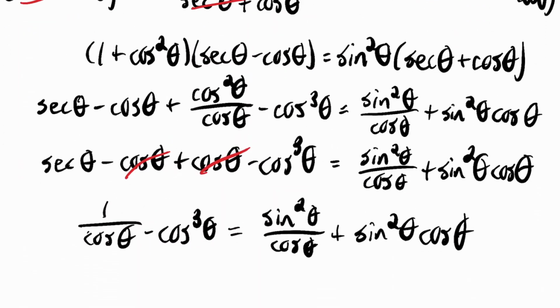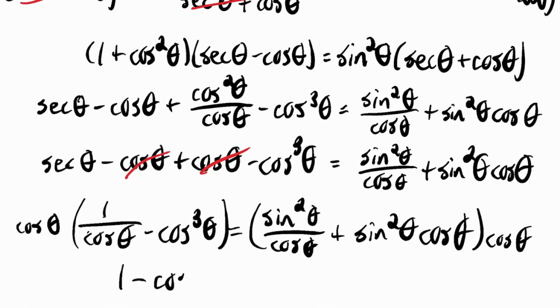I think what I need to do is multiply both sides by cosine theta, just to get rid of the fractions. On the left, I'm going to have 1 minus cosine to the 4th power of theta.